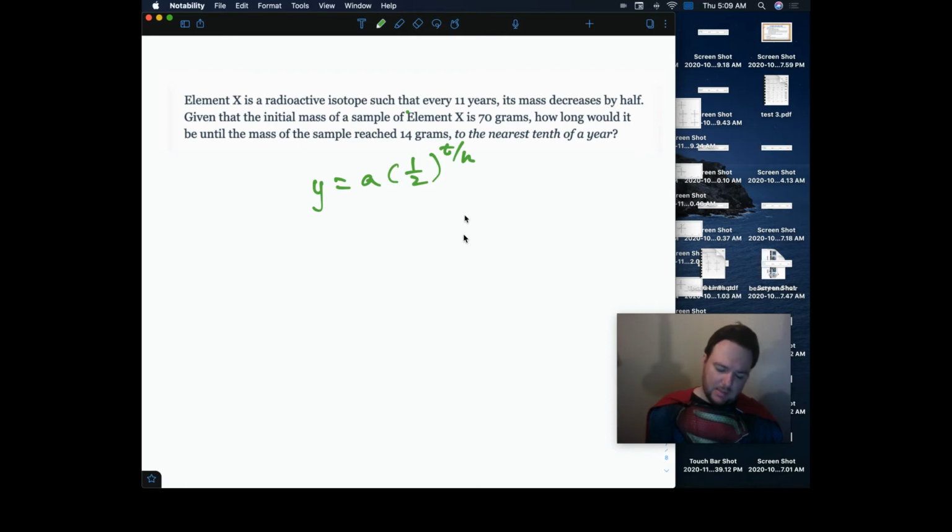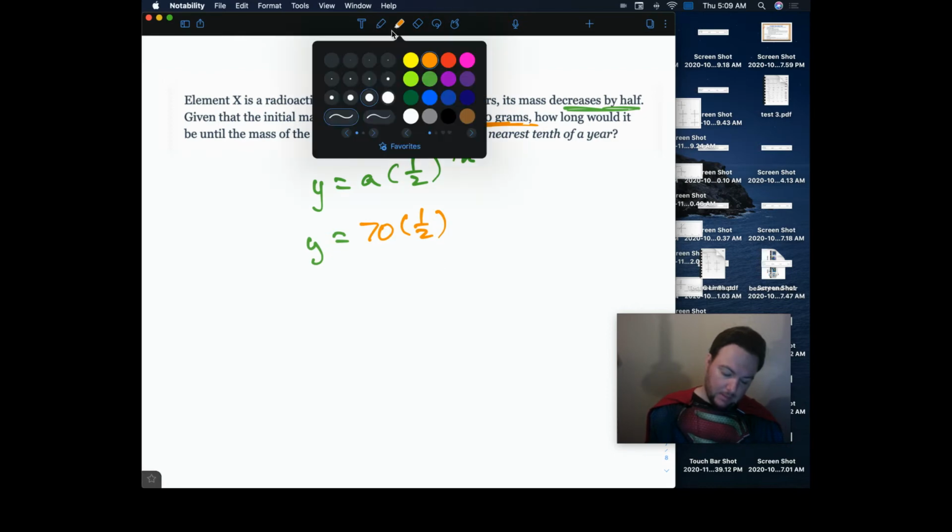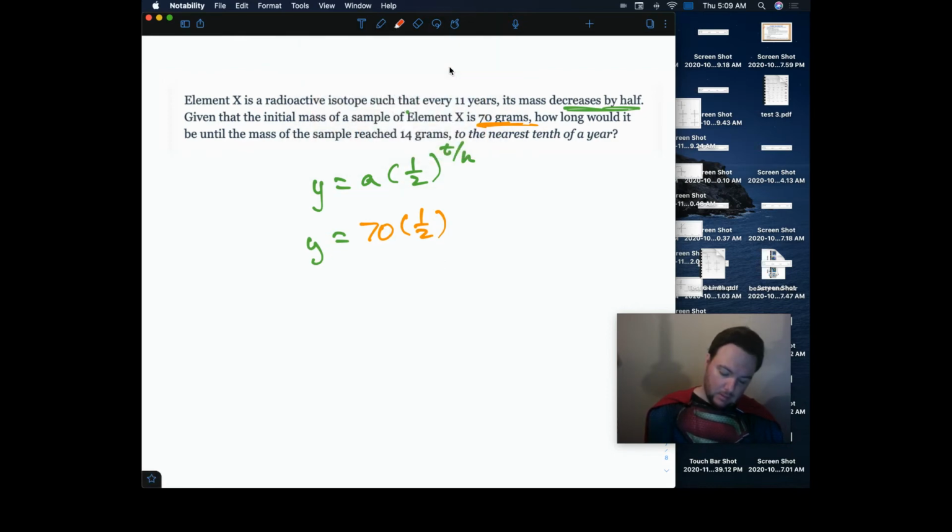And again, this makes sense because it decreases by half, so it's half every interval. The initial is 70, 1/2. The entire time is what we're actually asked to solve for, so that's going to be t.